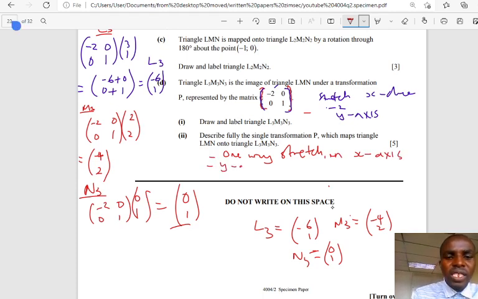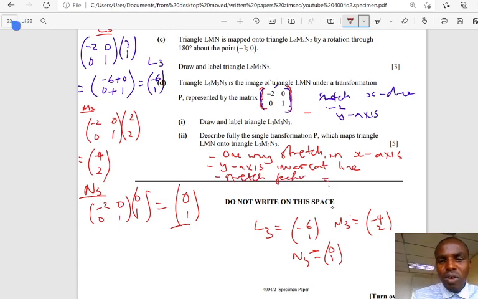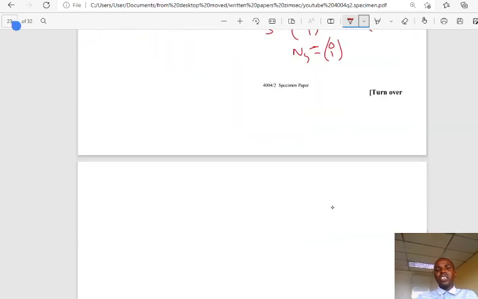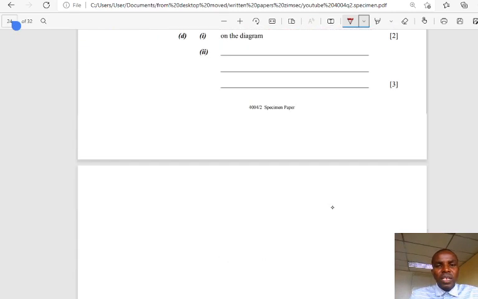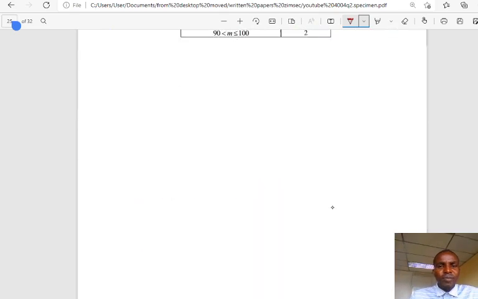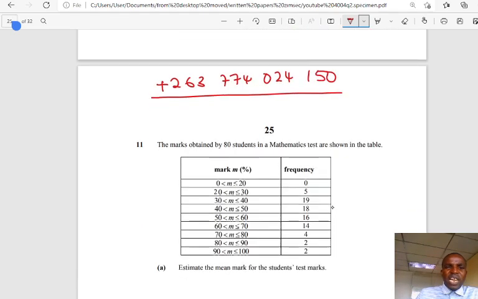Then y-axis invariant line or fixed line or unchanged line. Then stretch factor of -2. Then done. That's the explanation.